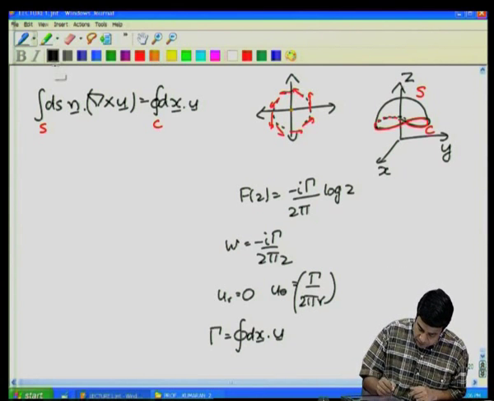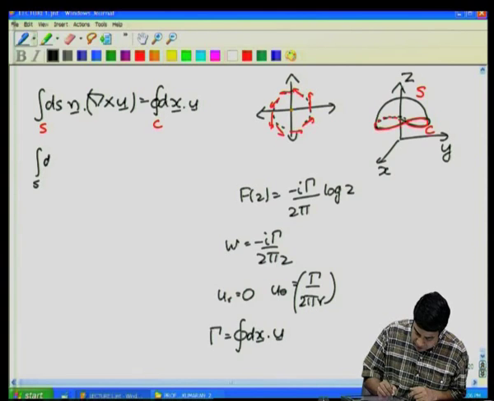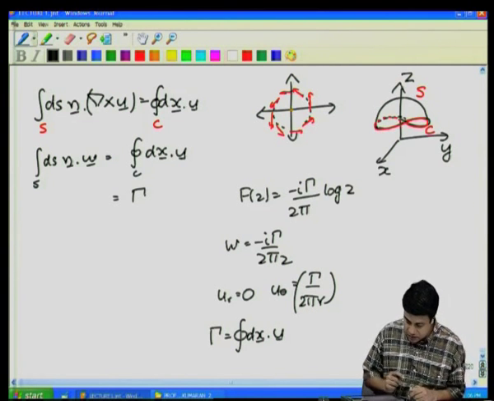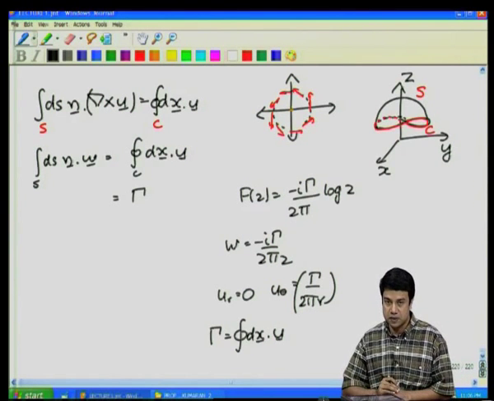The Stokes theorem for this velocity is basically the integral over S of dS, n dot omega, equal to the integral over C of dx dot u. This, as we showed, was equal to gamma, the circulation.